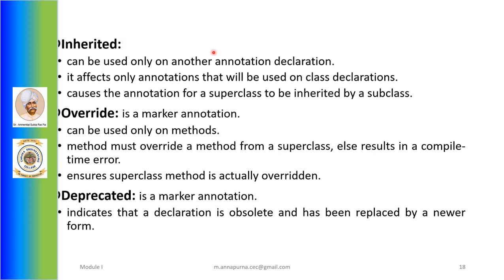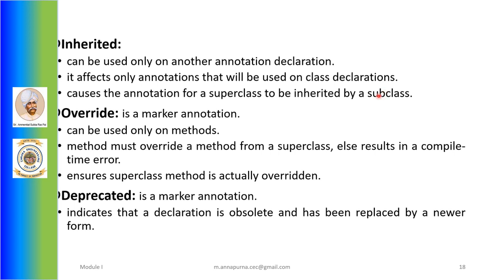@Inherited annotation. The @Inherited annotation is a marker annotation that can be used only on another annotation declaration. Furthermore, it affects only annotations that will be used on class declarations. @Inherited causes the annotation for a superclass to be inherited by a subclass.